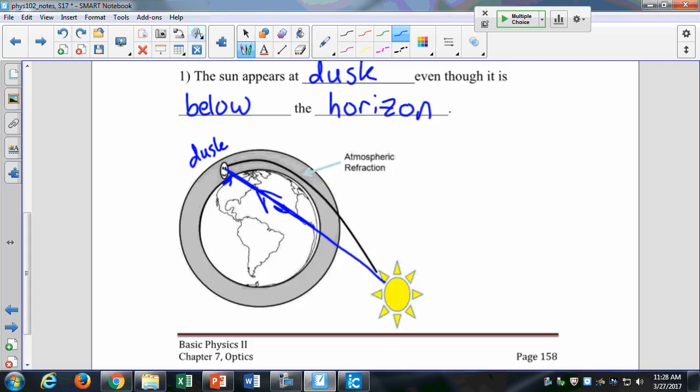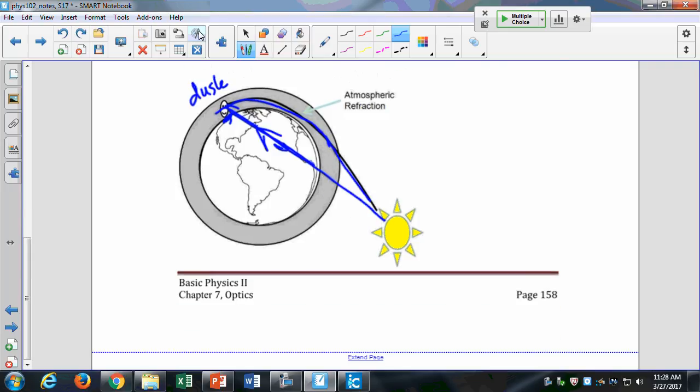However, the rays from the sun, the way they bend, they come into the atmosphere and they actually bend around until we can see it for a certain amount of time, not an insignificant time, 10, 20, 30 minutes maybe. Where the sun is actually below the horizon, but you can still see it. So that's one phenomenon.